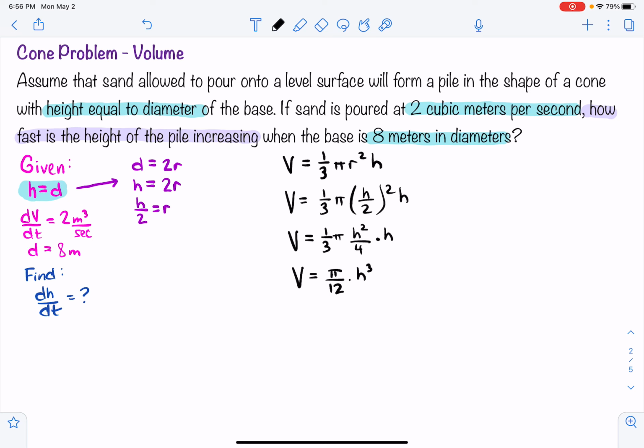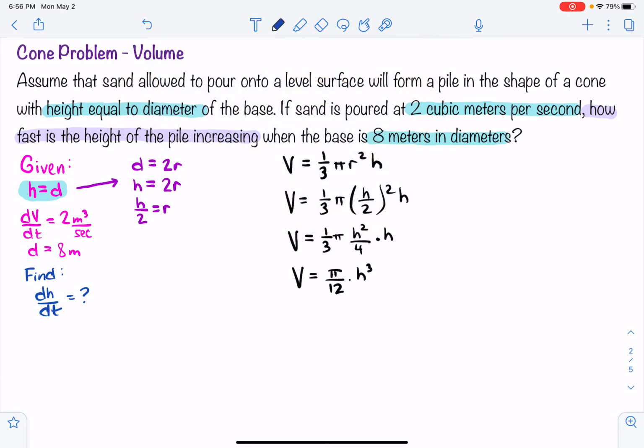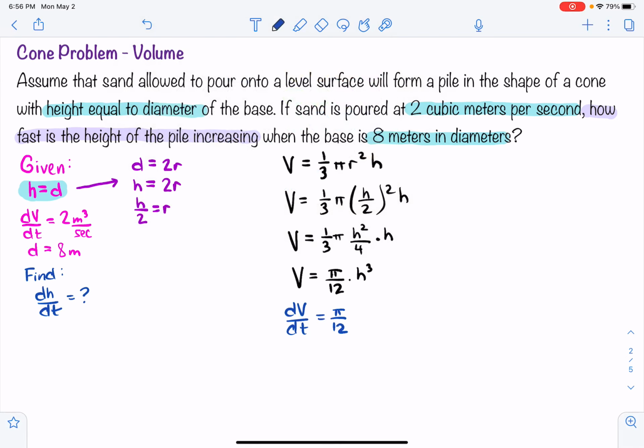Now I can go ahead and take the derivative of this problem. The derivative of V is, of course, dV over dt. Pi over 12, if we take the derivative of h cubed, well, the derivative would be 3h squared because of the power rule, times dh over dt.